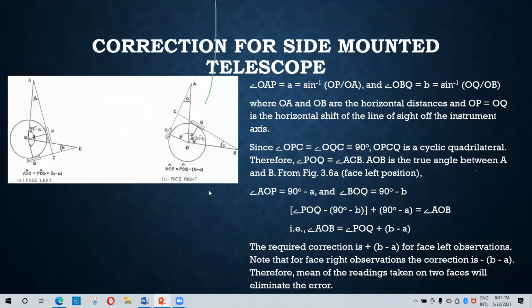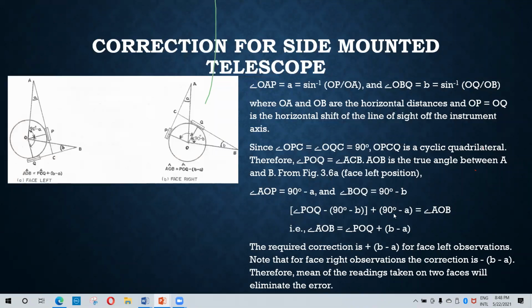So what happened is that AOP becomes 90 minus A. Similarly, BOQ, this small angle here, becomes 90 minus B. And if you want to get AOB, it is adding up of these two angles, right?